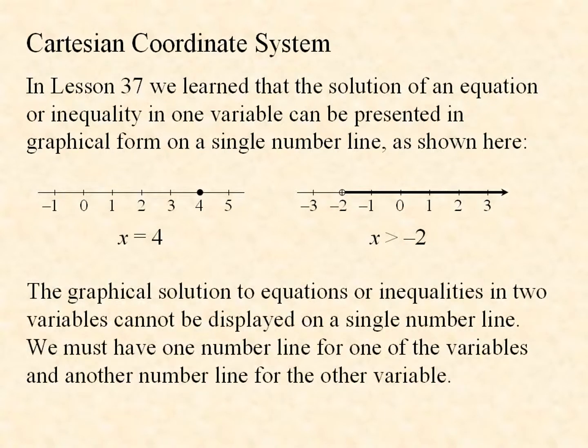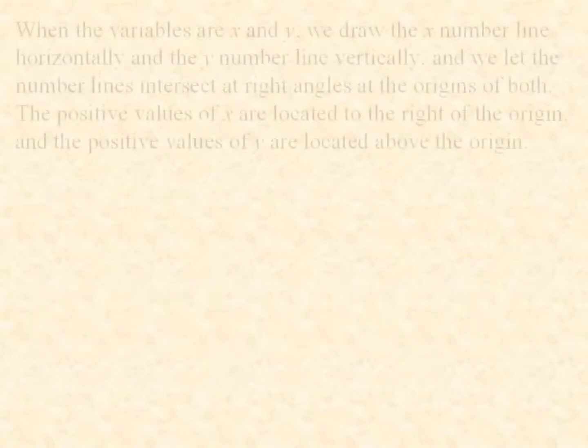The graphical solution to equations or inequalities in two variables cannot be displayed on a single number line. We must have one number line for one of the variables and another number line for the other variable.